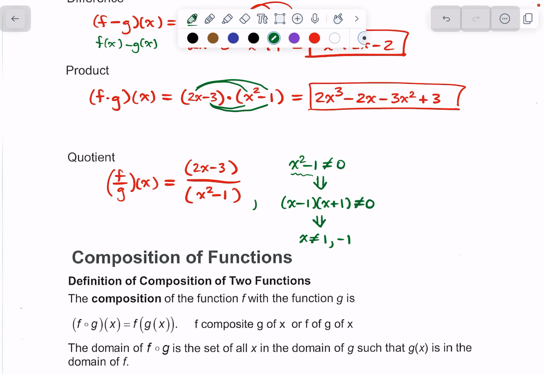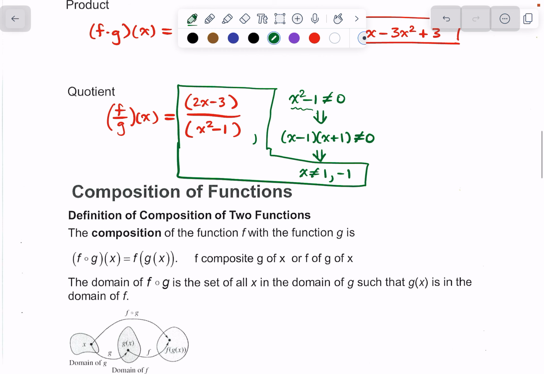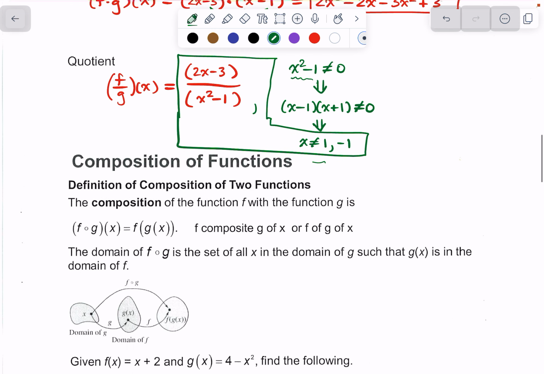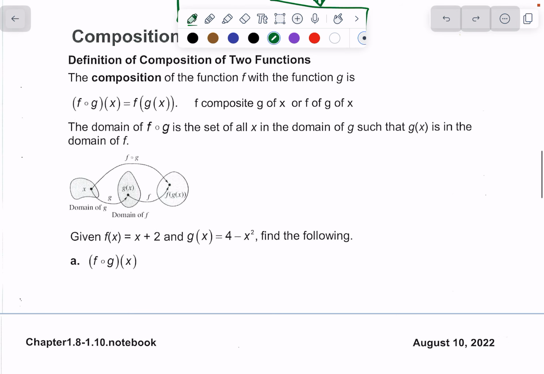So that's actually part of our answer here, right? So this, along with that condition, we have to specify that. All right, so that's something people forget about, is specifying what is not allowed for that quotient example.